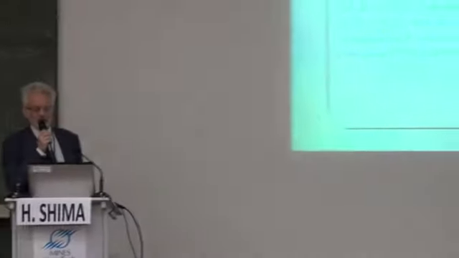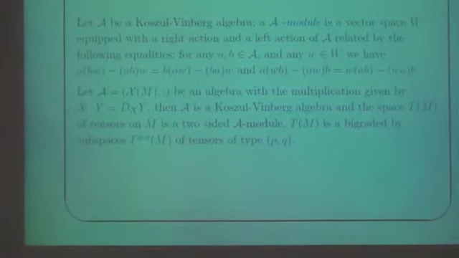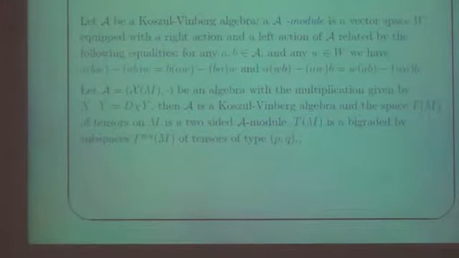Well, after these preliminaries, we go towards the cohomology. We define a module, so we have the action of this Koszul-Vinberg algebra on a vector space W from the left and from the right, having some standard properties related to the action, making it possible to define cochains.